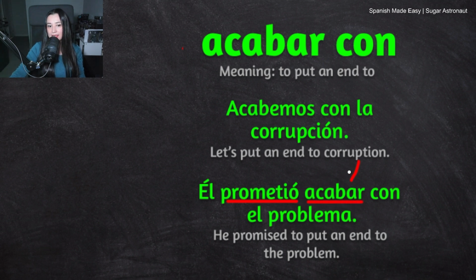You use the infinitive form. Okay, so just remember that. It's little details that matter. So if you want to use two verbs, you can, but you need to conjugate the first one, and the second one you don't need to do that. Okay, so remember, acabar con means to put an end to something. Okay, excellent.